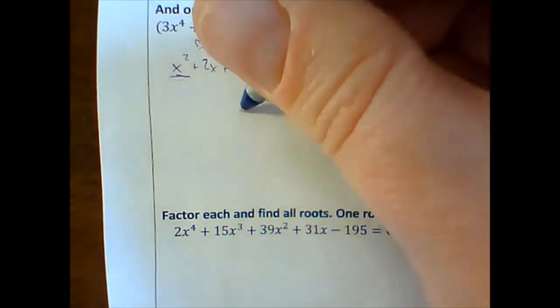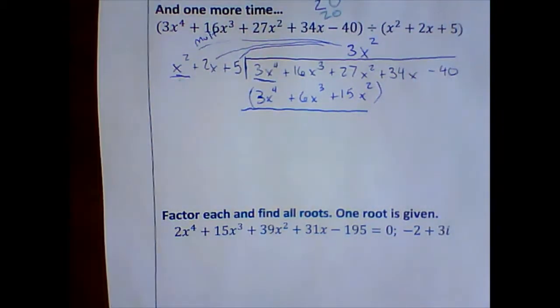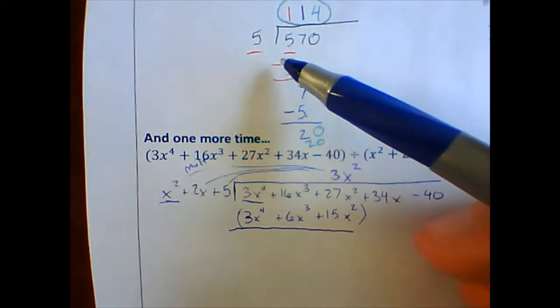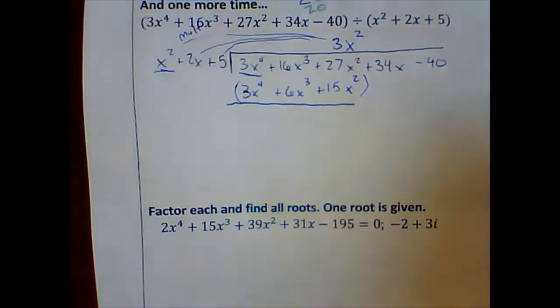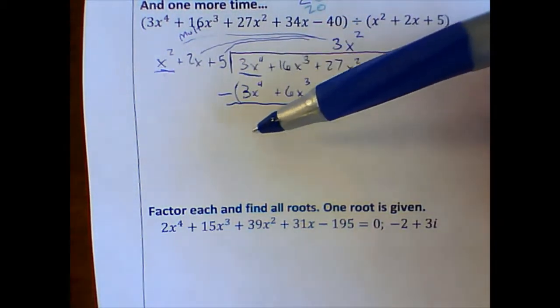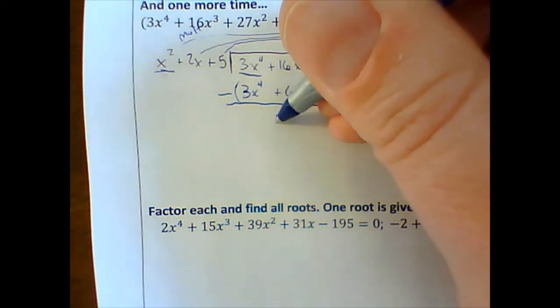We got that thing. Okay, the next stage is, again, if you need to look back at normal long division, we're now going to subtract that thing. The subtraction doesn't come naturally. You put it there. So subtract those, nothing happens. 16 minus 6, you get a 10 with an x cubed.